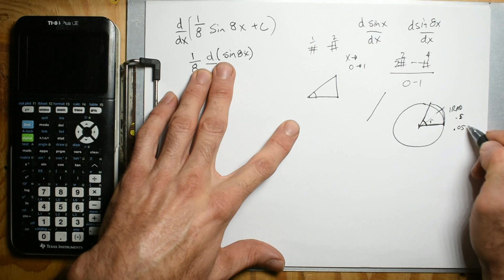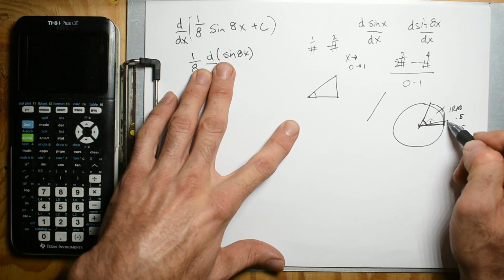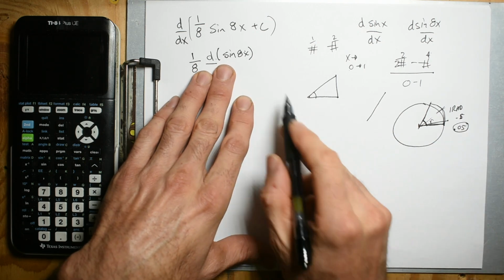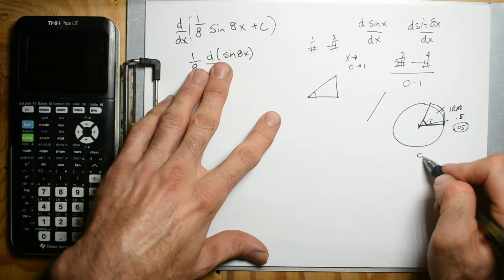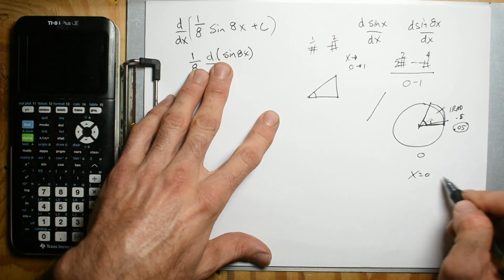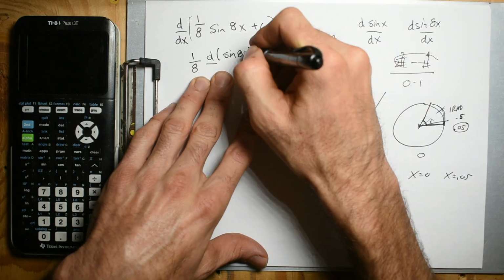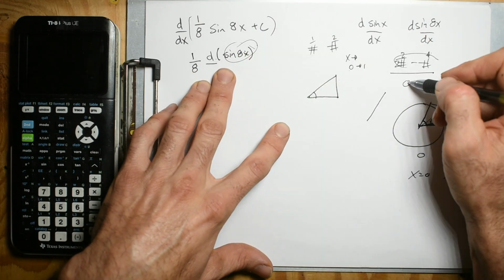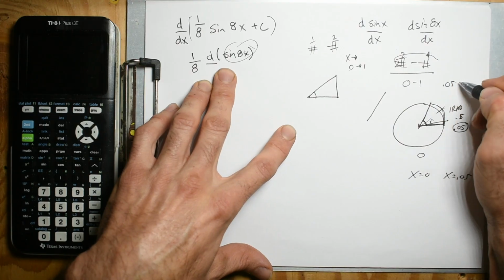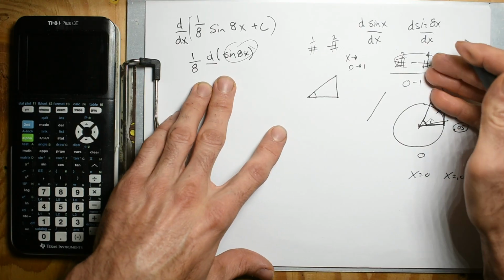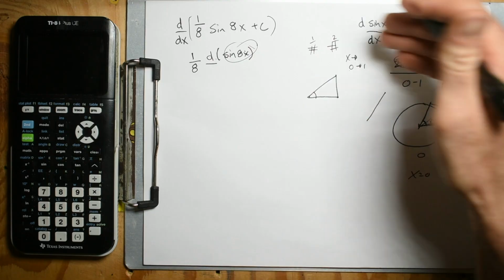So 0.05 radians would be 3 degrees. So you would really have to find a value at x is 0 and then x is 0.05 to get this, and then say your change down here is 0.05 minus 0, and that actually gives you a value. So that's one way to check.